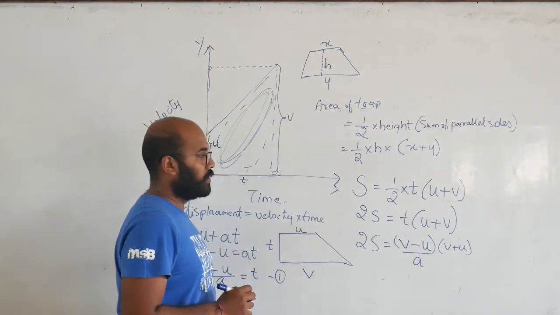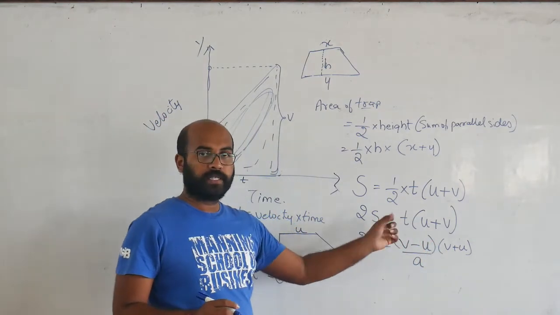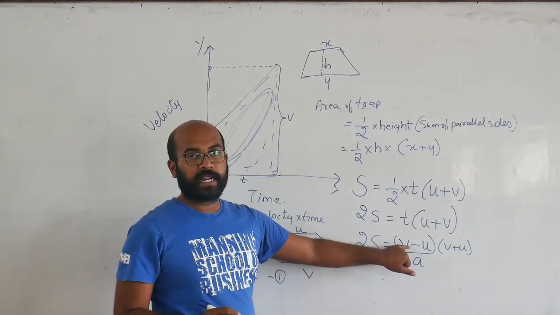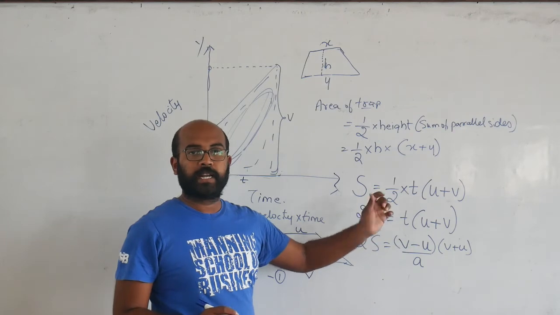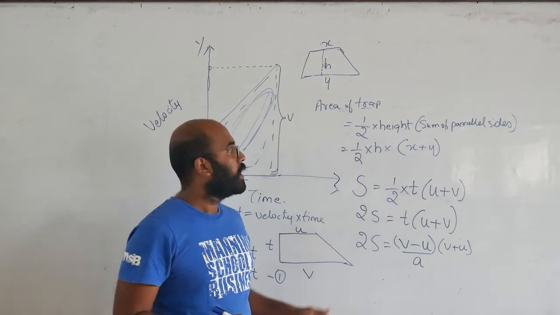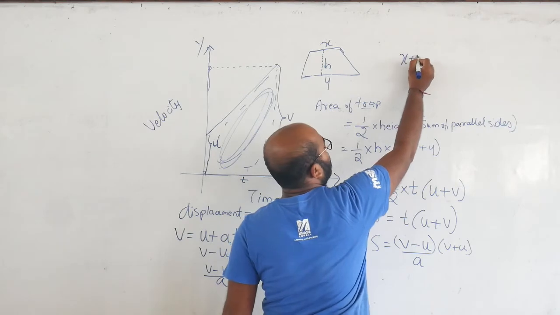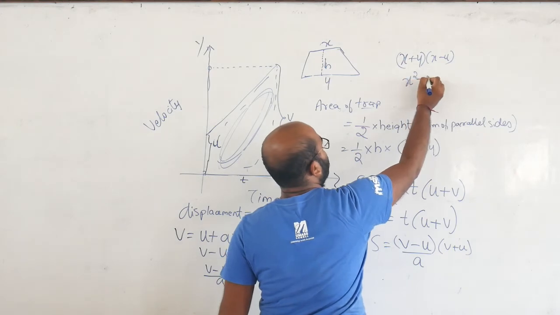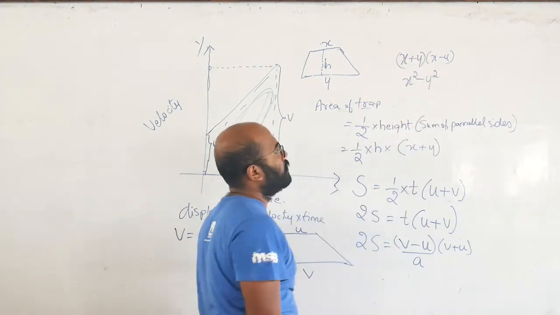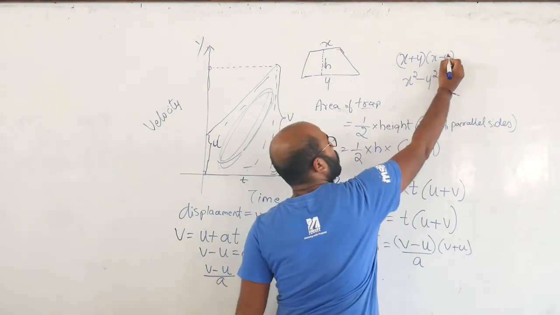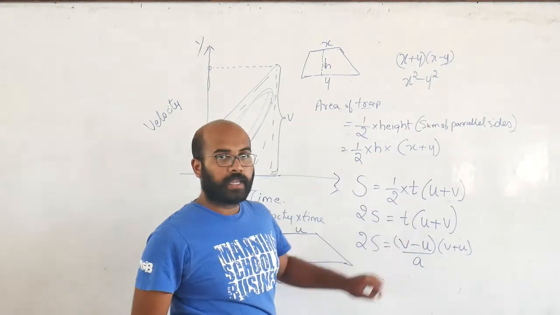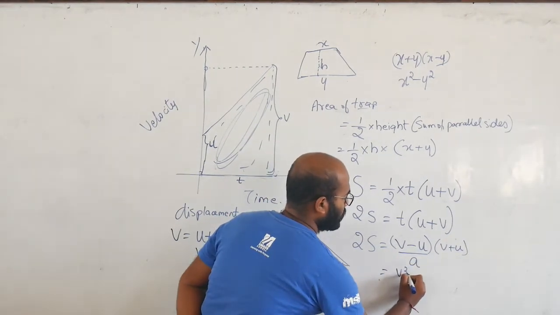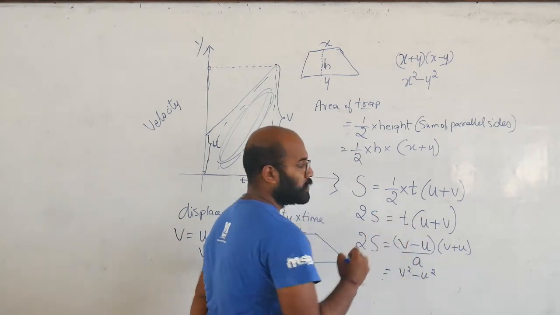If you remember, this is an identity: x plus y into x minus y is x square minus y square. You must know this identity. Similarly here, v minus u into v plus u gives v square minus u square.